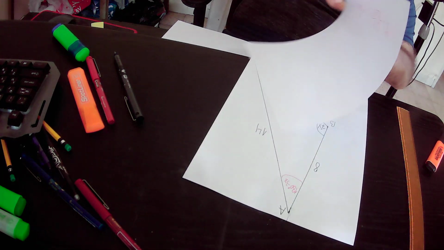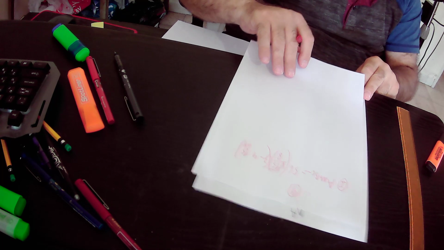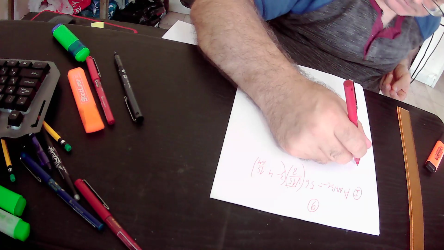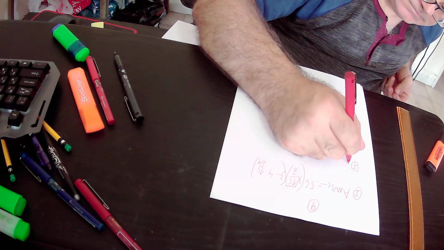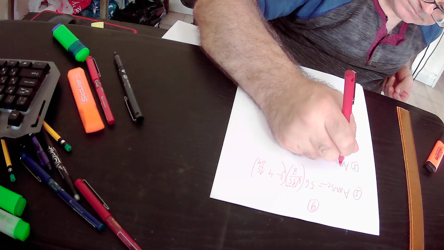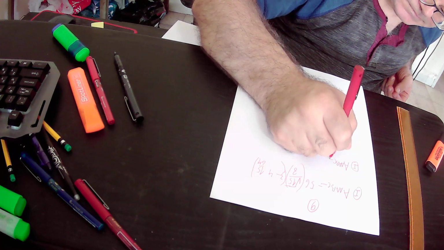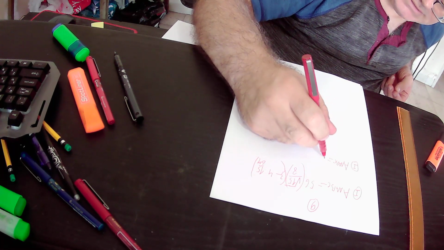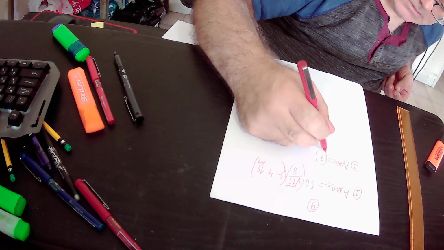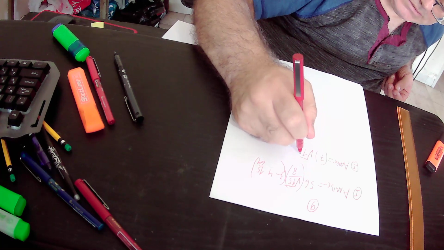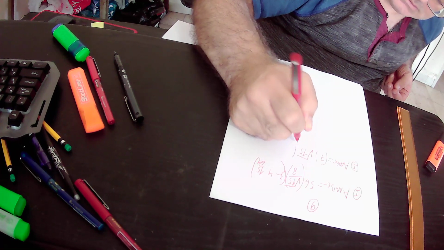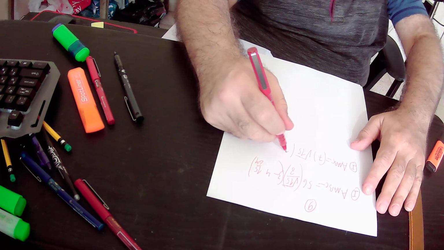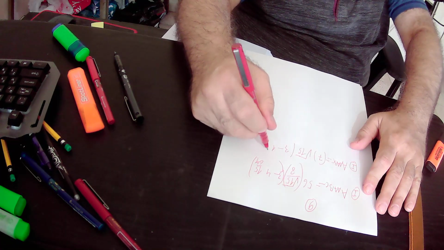So the area of triangle ABC equals 7 times root 15, and in the brackets we have 3 minus 15 over 16.